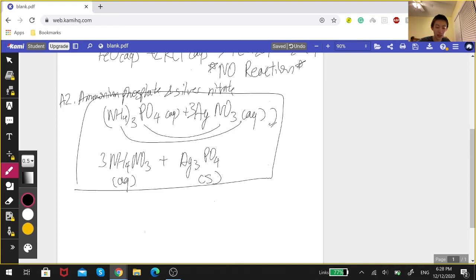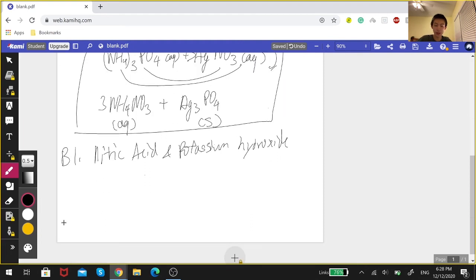Now our second type, about acids and bases. We have nitric acid and potassium hydroxide. Nitric acid is HNO3, nitrate.